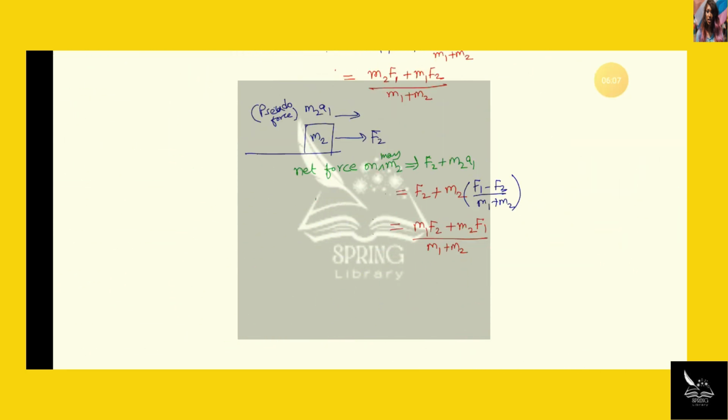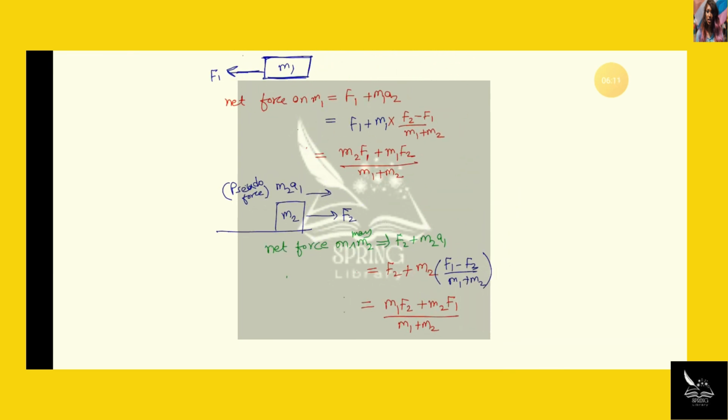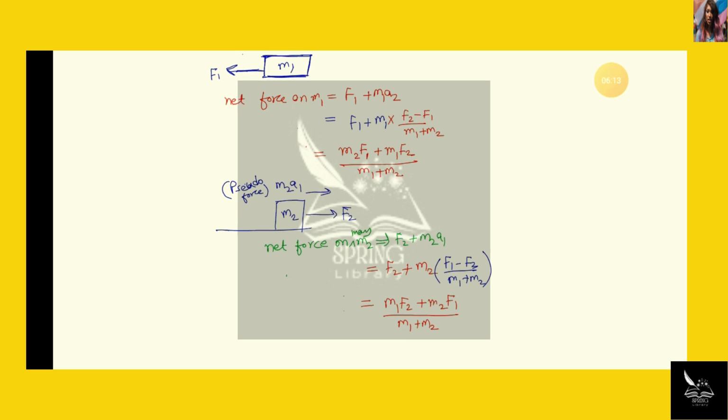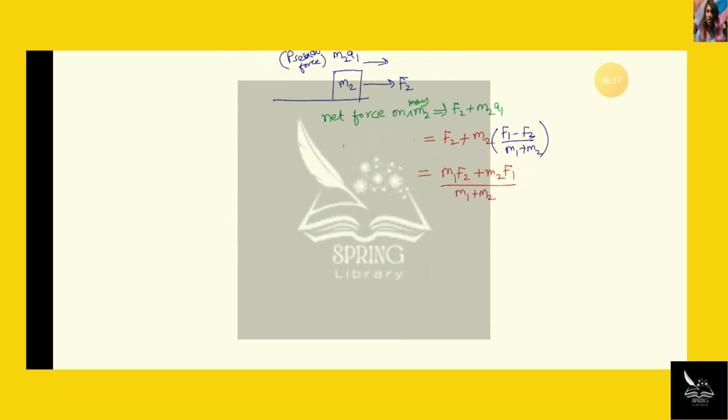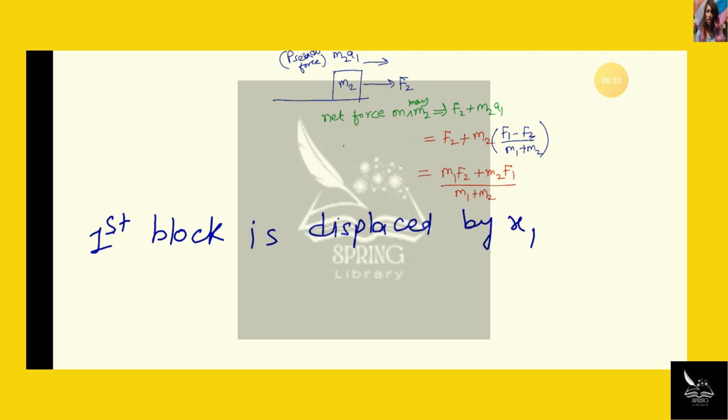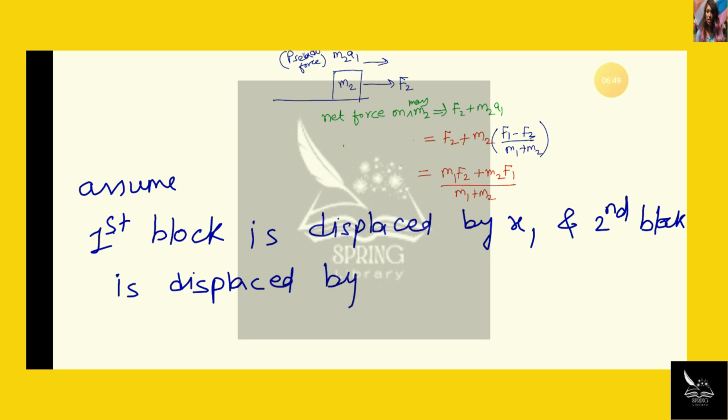Now my next step is that I will consider the first block, having mass m1, to be displaced by x1, and similarly assume that the second block is displaced by distance x2.